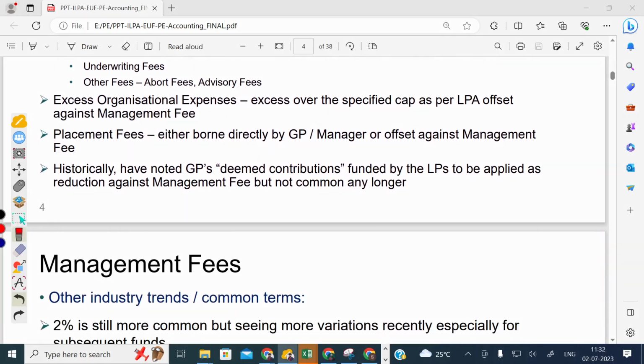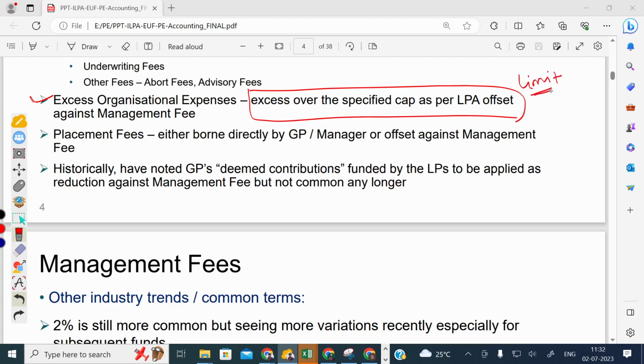Then, excess of organizational expenses, excess over the specified cap as per the LPA, offset against management fees. It means for each and every head, they fix the cap. Cap means limit. For example, let's say 1200 USD per annum.